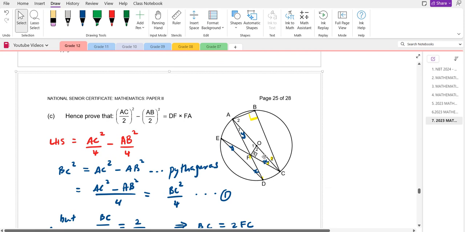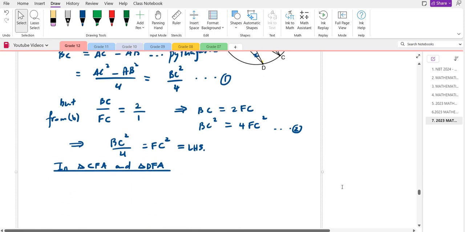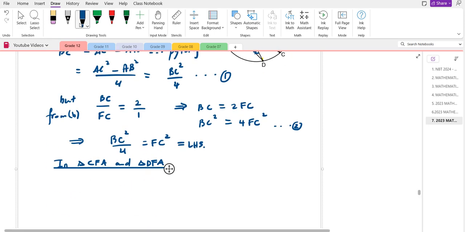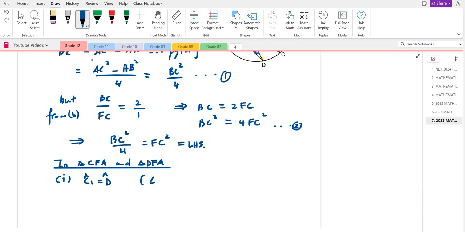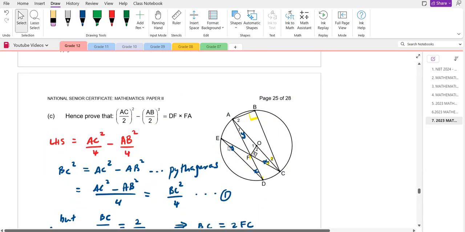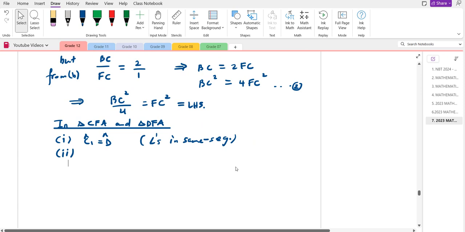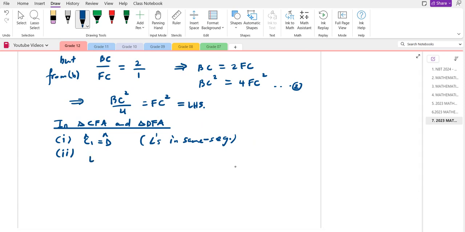So we can say angle C1 is equal to angle D. Angles in same segment. Second one, same thing. Angle E equals angle A1. Angles in same segment.